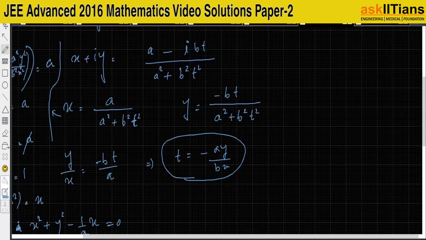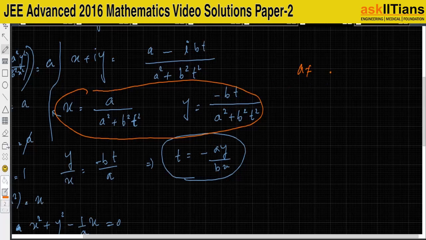If I look at these two equations here, this is x and y, right? So if a is not equal to 0 and if b is equal to 0, that means x will not be equal to 0 and y will be equal to 0, because if b is 0, y will be 0, right? So this point will lie on x axis.